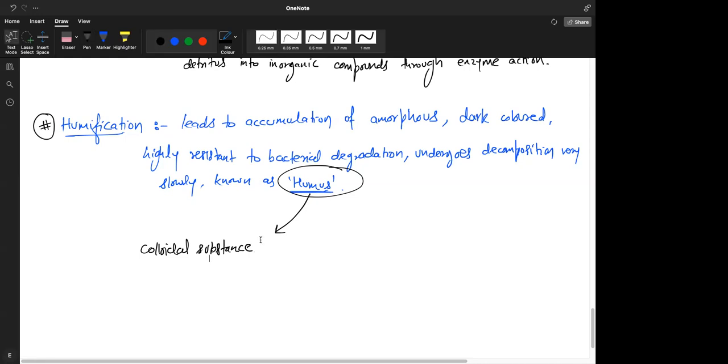It does not settle down, but it also does not mix homogeneously with the water. It stays suspended in the water. So a colloidal substance that serves as a reservoir of nutrients, that's humus in soil. That's how it keeps the soil fertile.